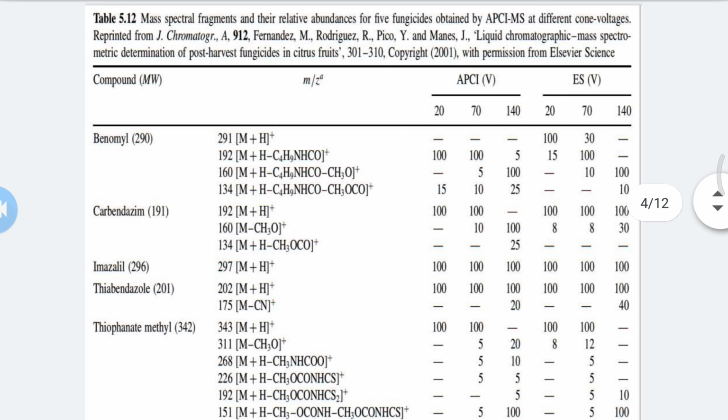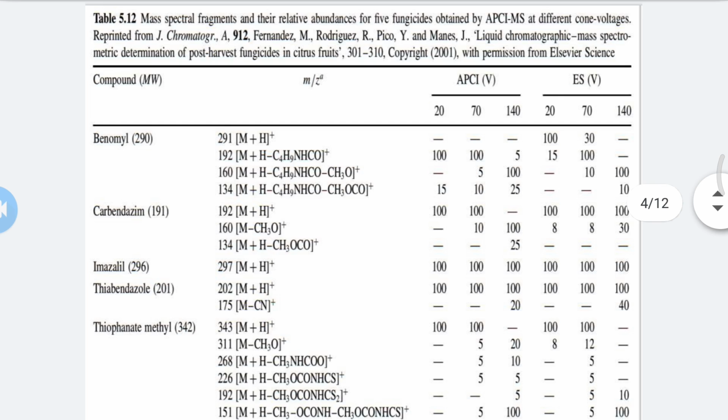So extraction and then identification of the peaks of pesticides by using different methods, APCI and ESI. In this method we identified these 5 types of pesticides, but out of these there are 2 pesticides, binomial and thiophanate methyl, that were not recovered in this method.